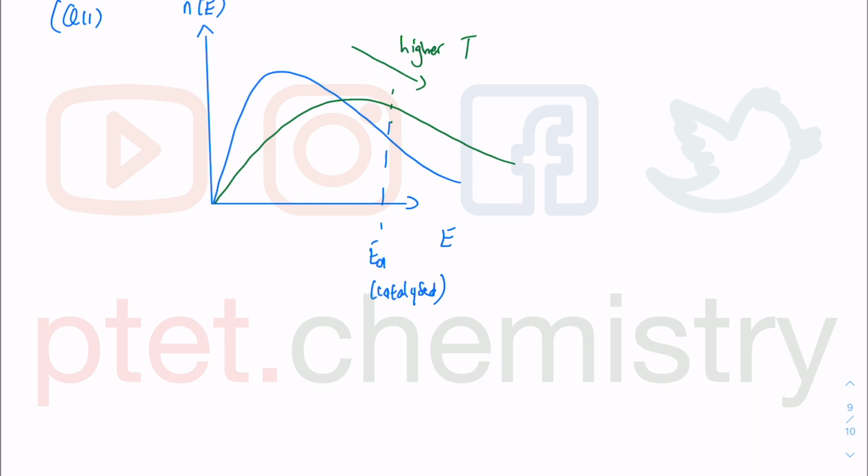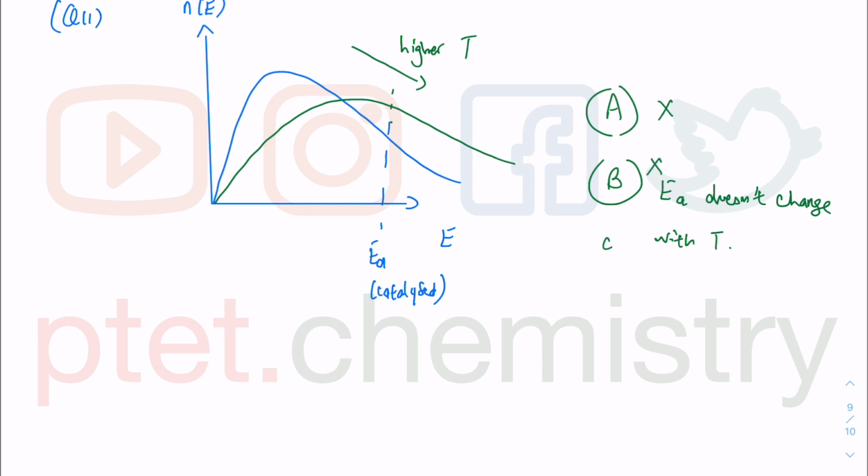So the curve is unchanged. There's option A, which is wrong. The value of both EA catalyzed and EA decreases. So we know that EA doesn't change with temperature. In fact, it doesn't change even with a catalyst, but with a catalyst you get a new lower EA. So I know that one is wrong as well. And then option C is also wrong for the same reason, because EA doesn't change with temperature at all.